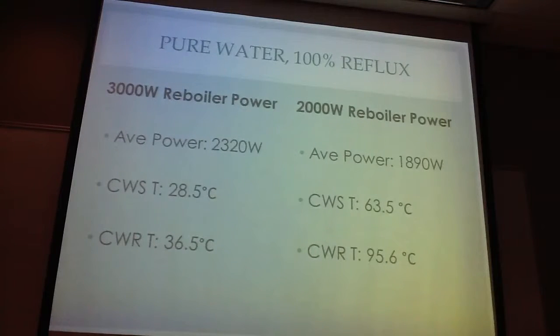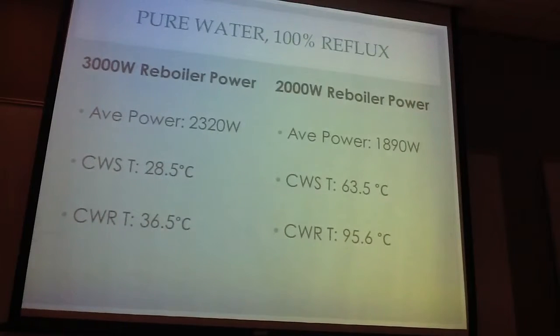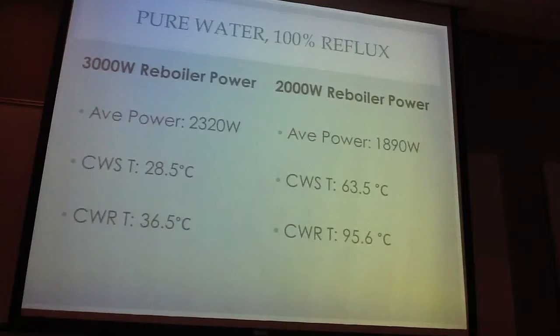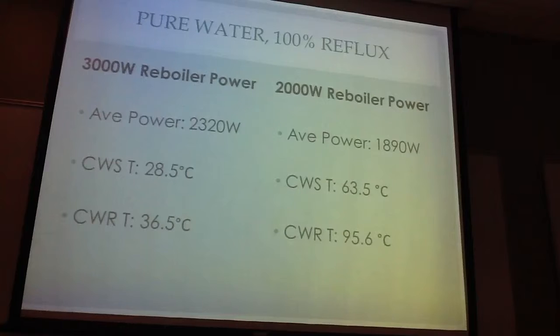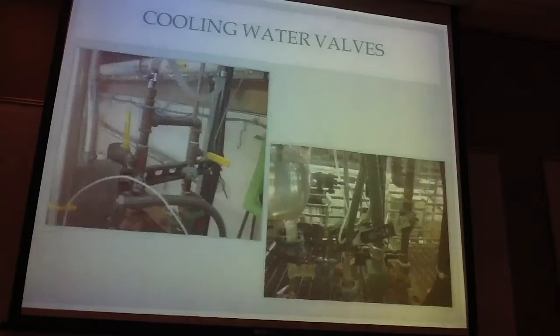On Friday, I was doing a run just to have data to compare to the other run, and noticed that for some unknown reason, the cooling water source temperature climbed all the way to 63.5 degrees Celsius with the return near boiling. So I stopped the run and came by on Saturday just to check the system out.